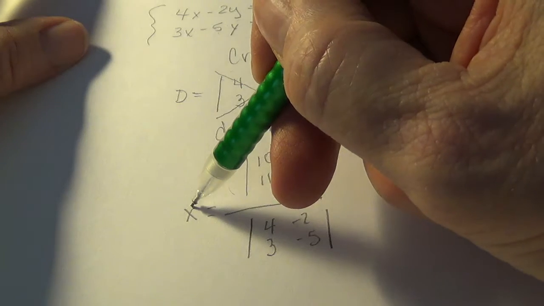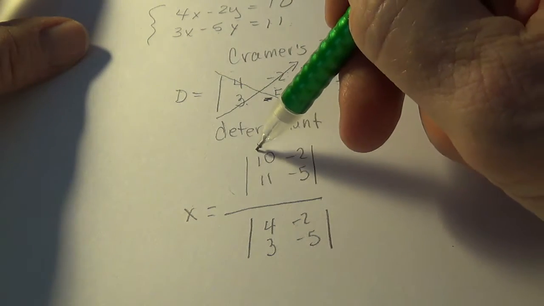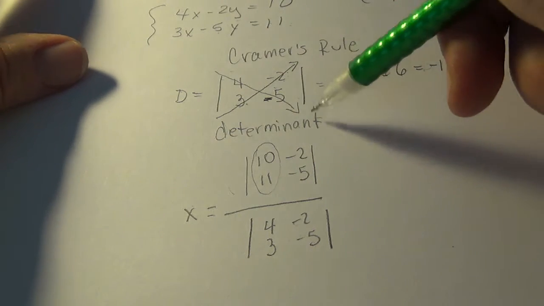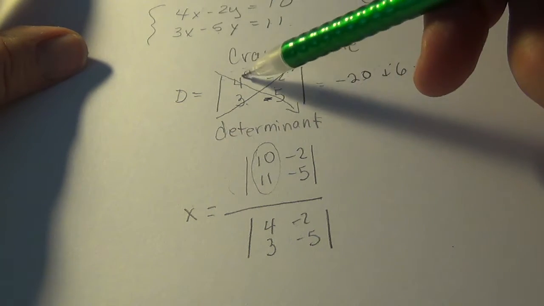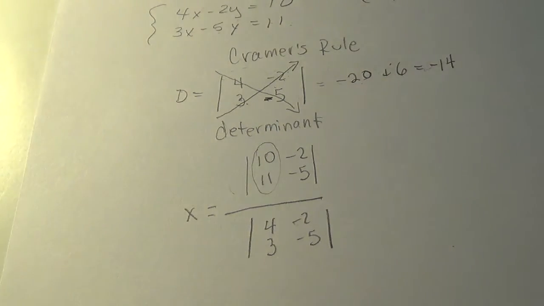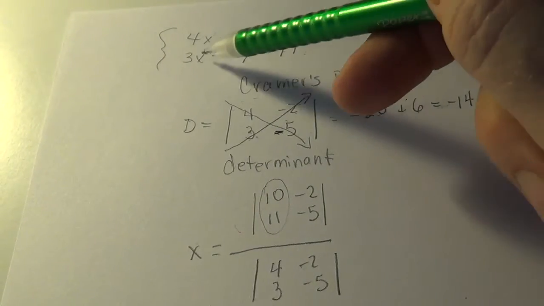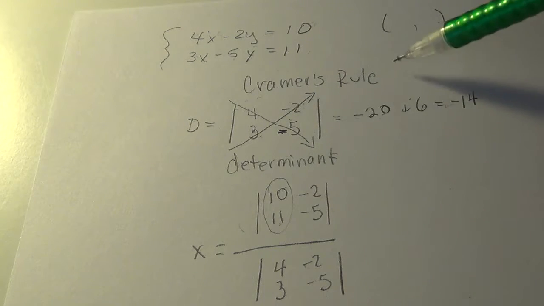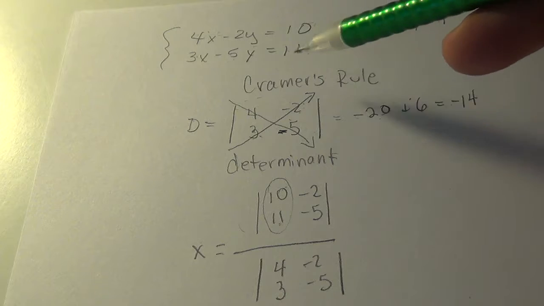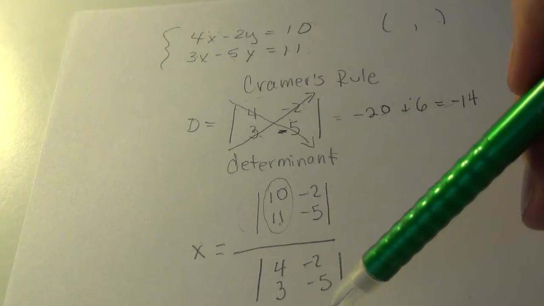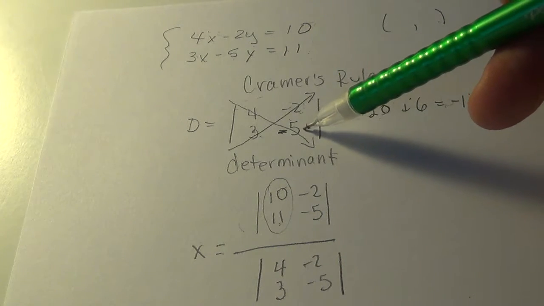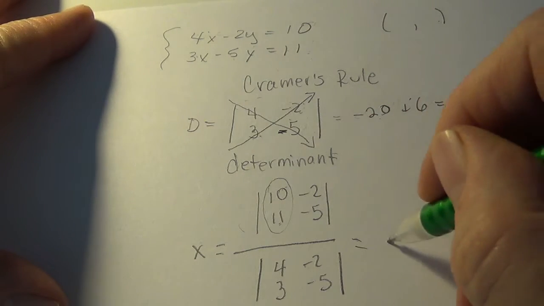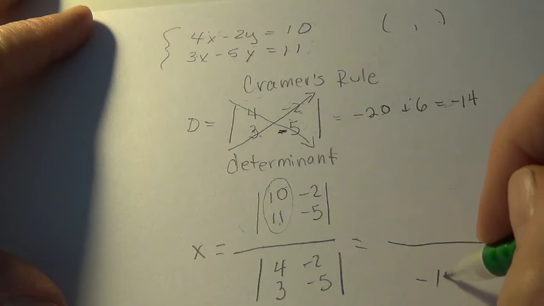Notice when we're looking for x, in the numerator, the matrix values for x have been replaced. Normally they would have been 4, 3 for this system. Normally I would have grabbed 4, 3, but in the numerator I dropped those and I use the constants. In the denominator, I use this regular coefficient matrix, and we already did the determinant for that. So in this fraction, on the bottom, I get a negative 14.